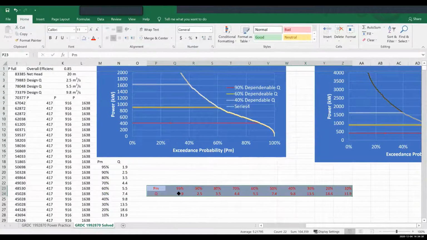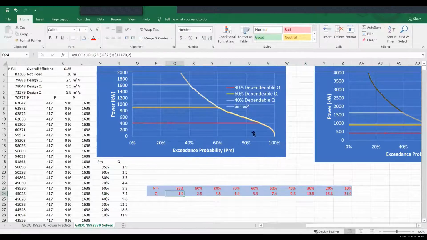I basically used what is known as a VLOOKUP. From here, 95% dependable. Over here, I've used a power equation. For the power duration curve, 95% dependable flow is 1.9, and 40% dependable flow is about 9.8.